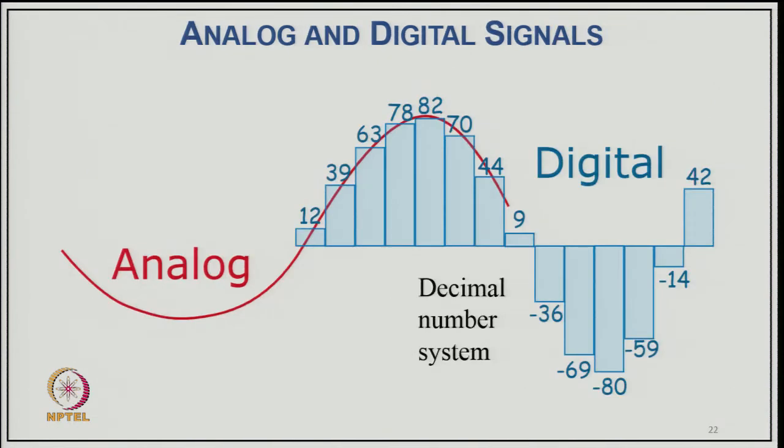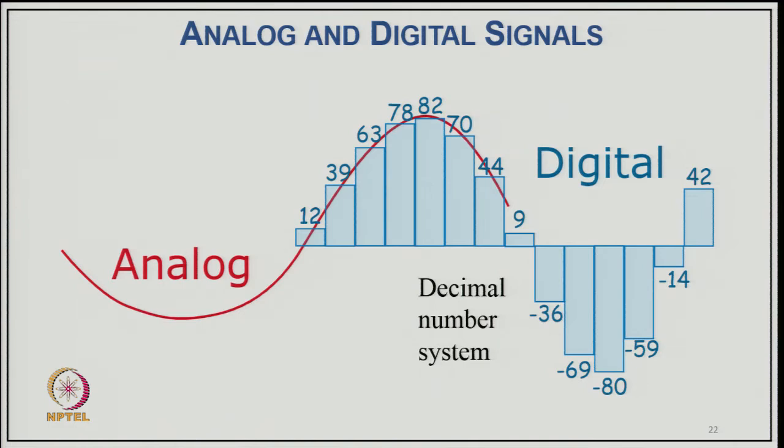A typical example of an analog and a digital signal: you can see the analog signal, the red signal, which is continuously changing like a sine wave, while the digital number is a discretized system, equivalent to a decimal number, and you can see how the levels are changing. So it can be only in digital form, in discretized form.